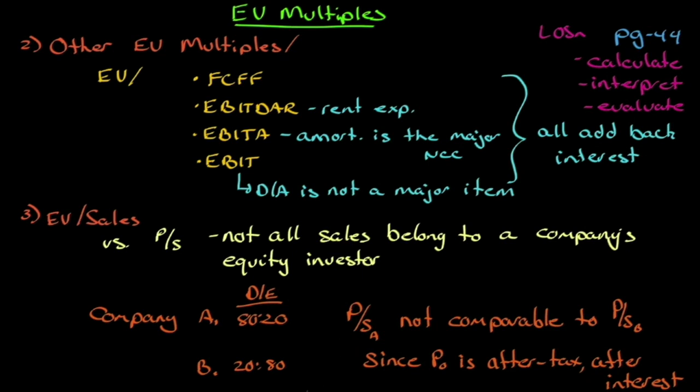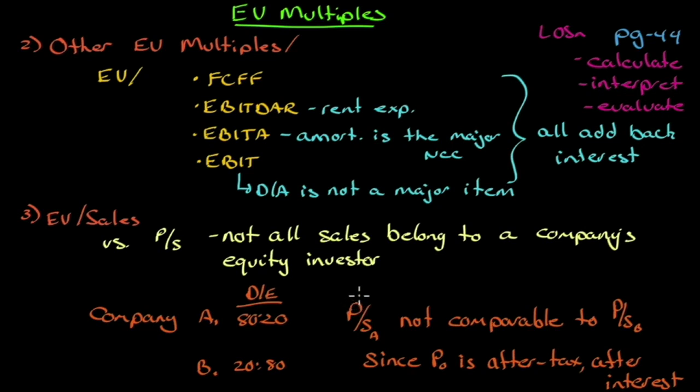So just to show you how not comparable they are, take Company A and Company B. Company A has debt equity ratio of 80-20 and B has 20-80. So huge difference in financial leverage for Company A. So the price to sales, if we're using price to sales on A, is not going to be comparable to price to sales on B, since price is an after-tax, after-interest measure of the cash flow to the firm, because P captures cash flow to equity.